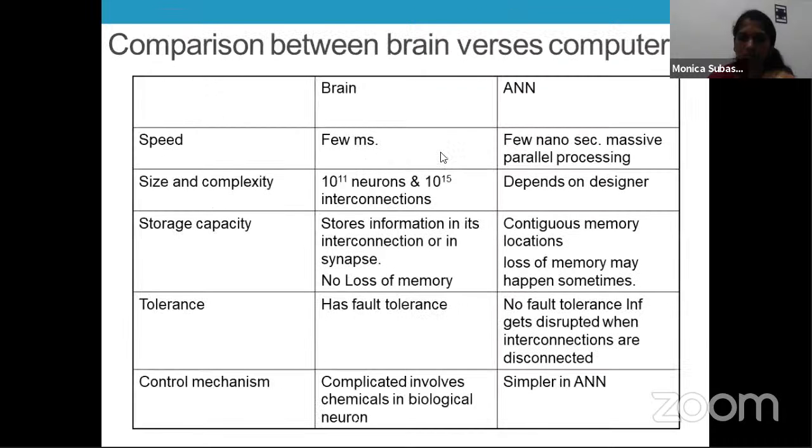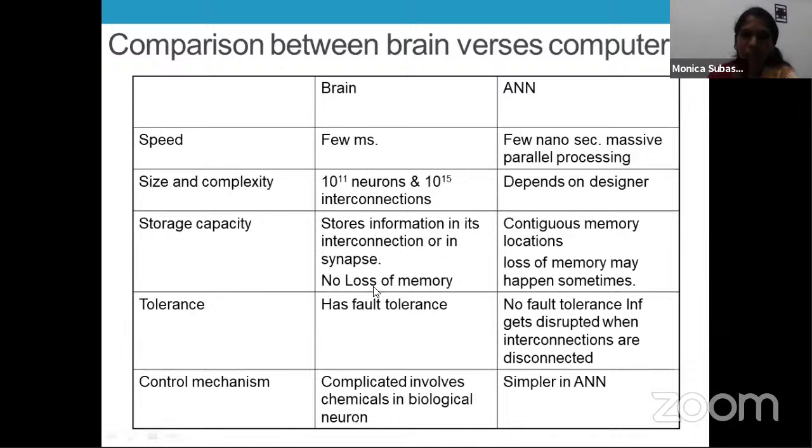What is the difference between the brain and the artificial neural network we are going to develop? Massive parallel processing can be done in a few nanoseconds with an artificial neural network. Definitely we are competing with the brain. We are going to try to improve the artificial neural network to exceed human performance. That is what is happening right now. Storage capacity is given here.